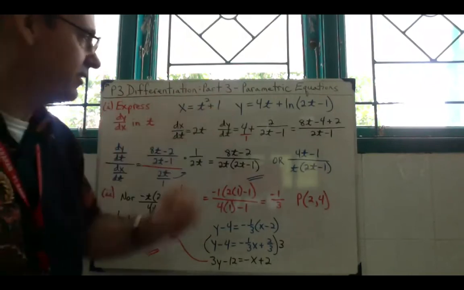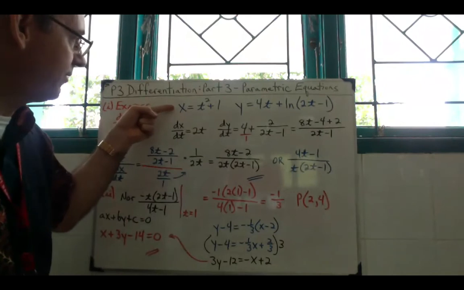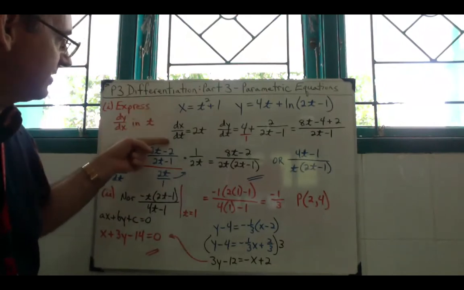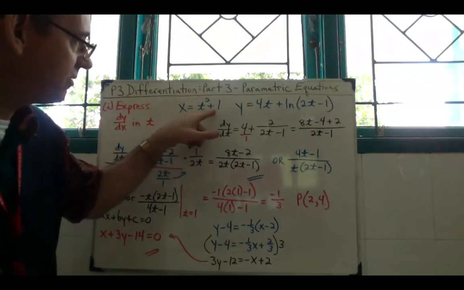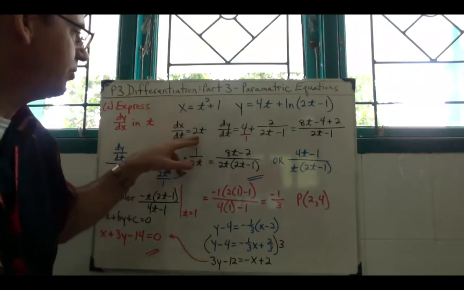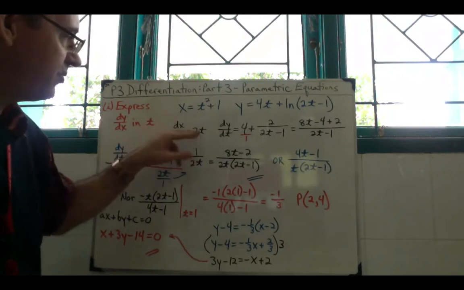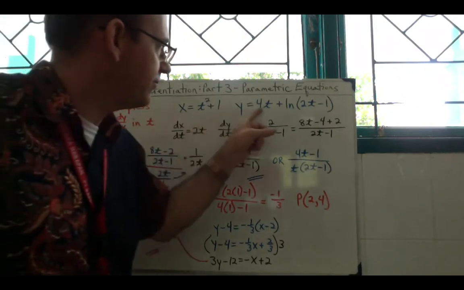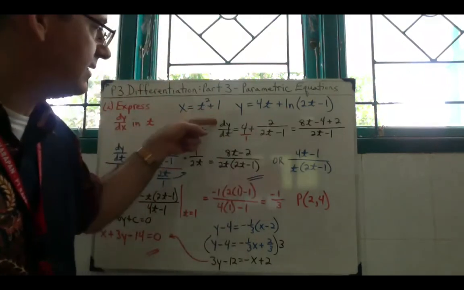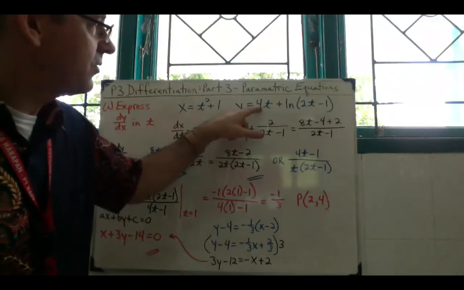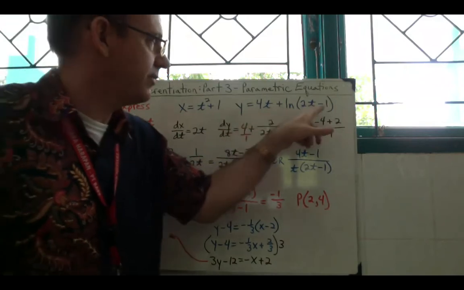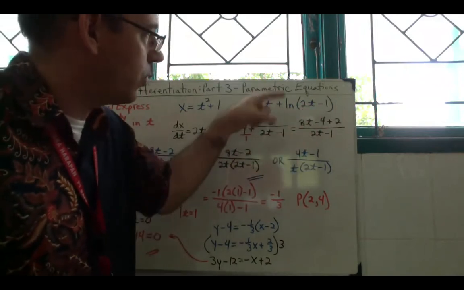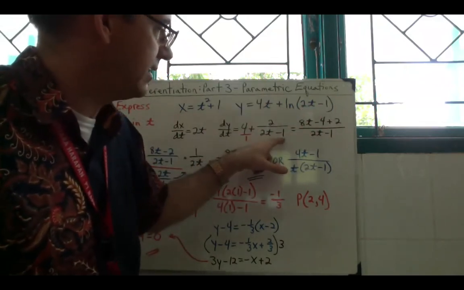Here are our two equations. First, let's express dy dx in terms of t. So we take the derivative of both. The derivative of our x equation, dx dt, equals 2t, and the derivative of plus 1 is just 0, so all we have for this one is 2t. The derivative of our y equation, dy dt, equals the derivative of 4t, which is 4, plus the derivative of a ln, which is 1 over 2t minus 1.